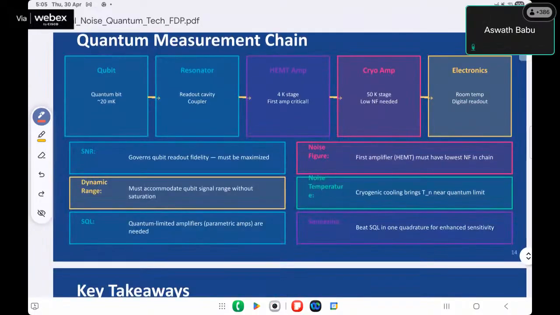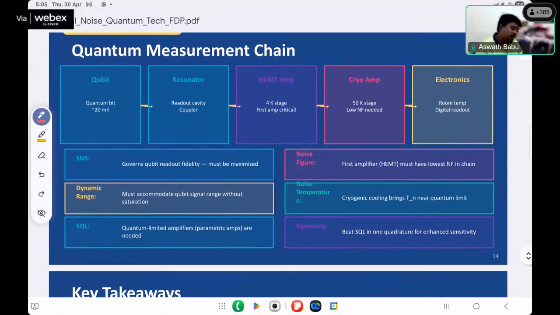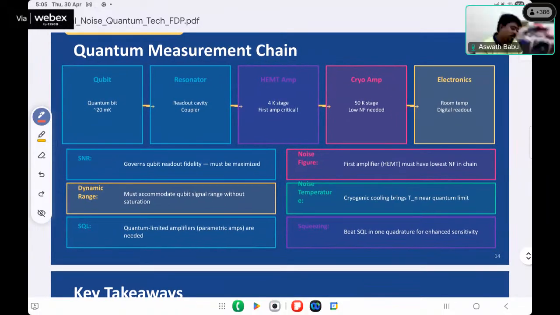So the quantum measurement chain, the applications: qubits and resonators I use for the readout mechanism. Somebody was asking, how do I read it? There are resonators, like some kind of a sink mechanism, that go near the qubits and extract that information.